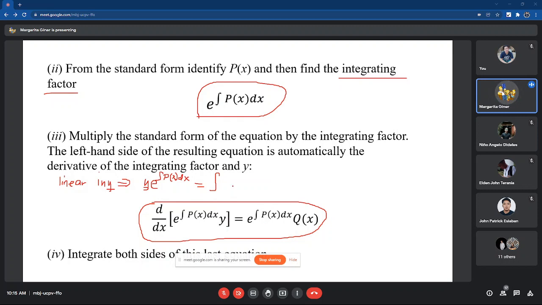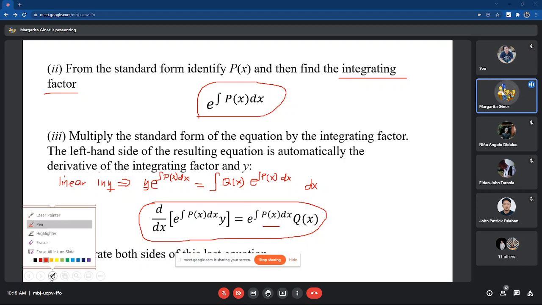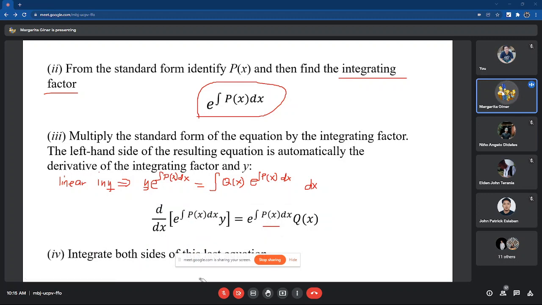Feeling ko sala niya formula nga ginbutang di. Feeling ko this one is the antiderivative. And hindi ko siya ma-solve using a formula. Antiderivative of qx e raised to the antiderivative of p of x dx, and this is dx. Okay? Amo lang ni siya class gamitan yung formula para hindi ka mabudlayan.